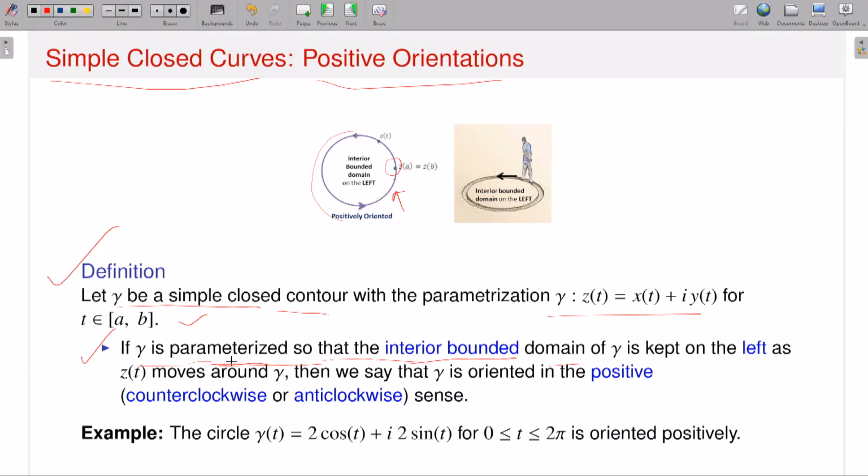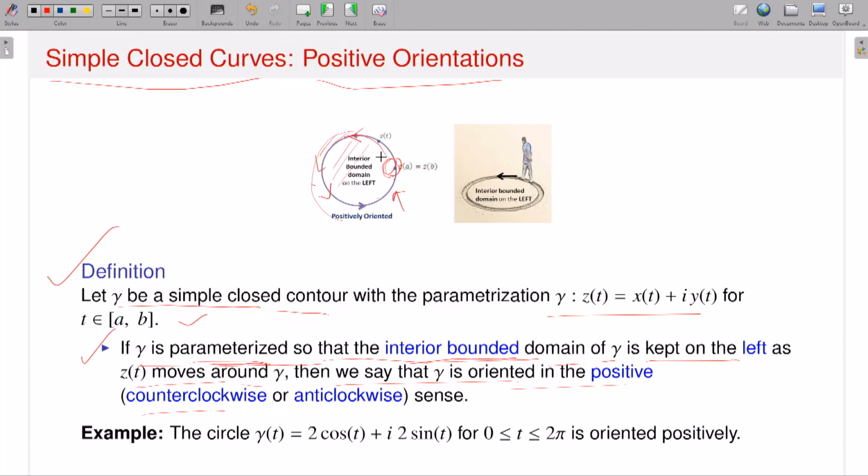What is that? If gamma is parameterized so that the interior bounded domain of gamma is kept on the left as z(t) moves around gamma, then we say that this orientation is positive, or counterclockwise, or anticlockwise. Now you can see, I am starting from z_A and moving in these directions. That is the parameterization, or natural orientation.